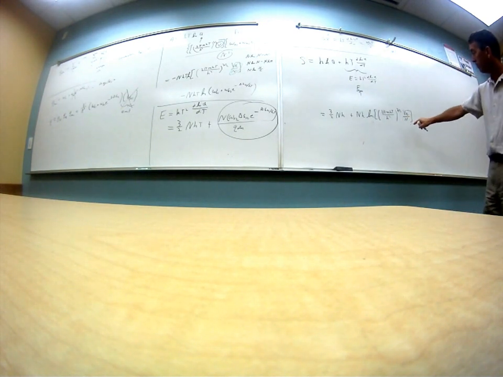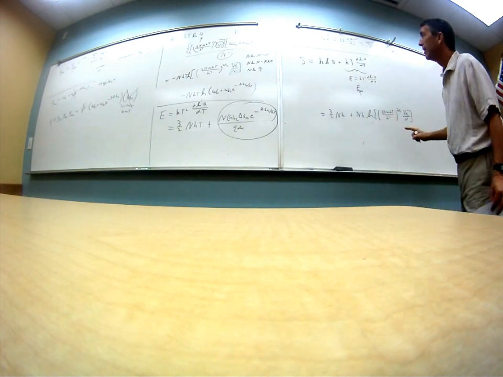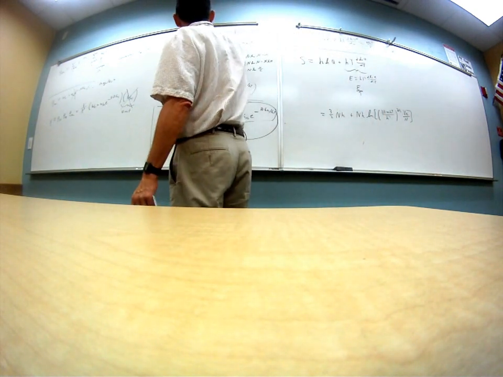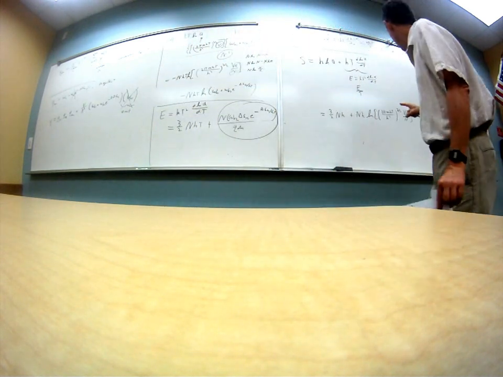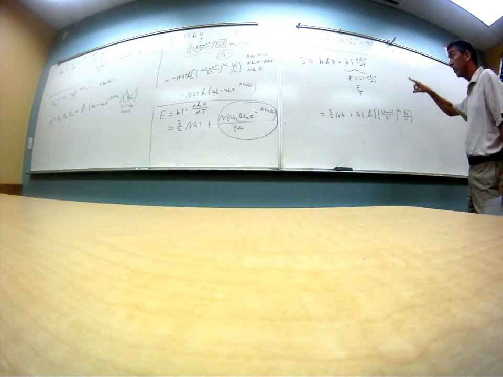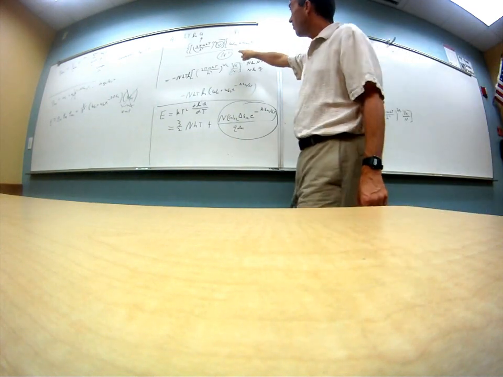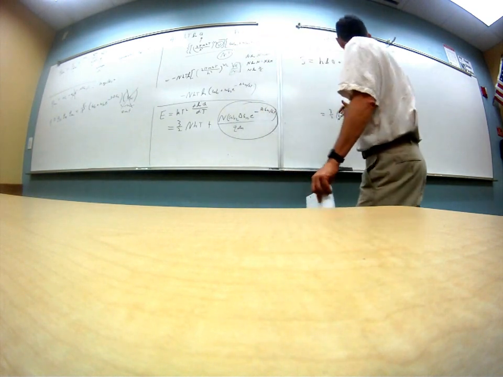Now this term comes from k log Q, the translational part right here, and the V also comes from translation. Remember the E over N comes from the N factorial part we saw earlier, expressed in this curious way.